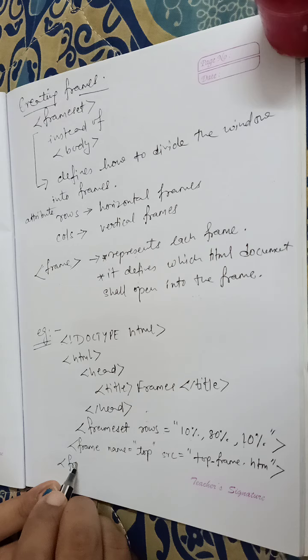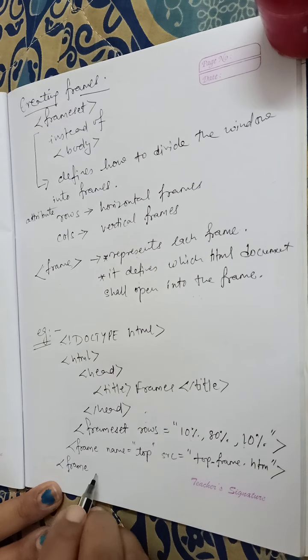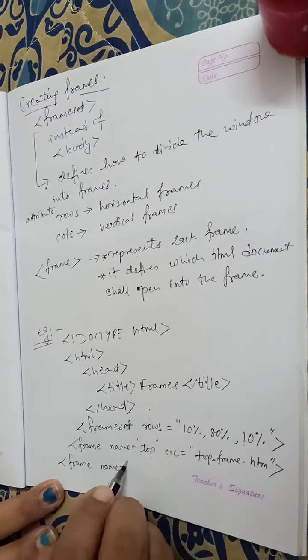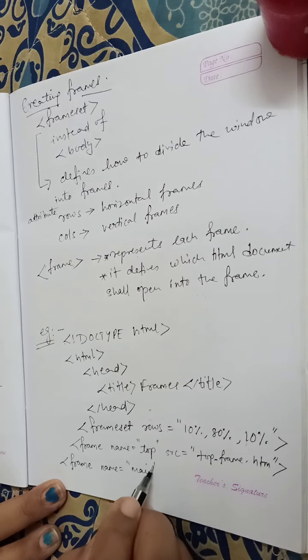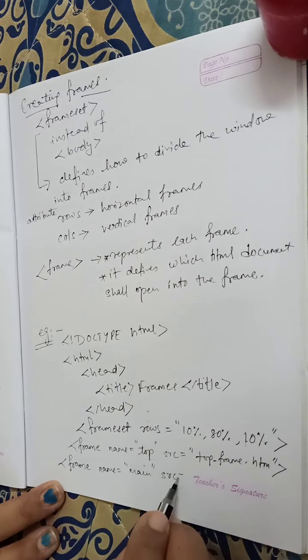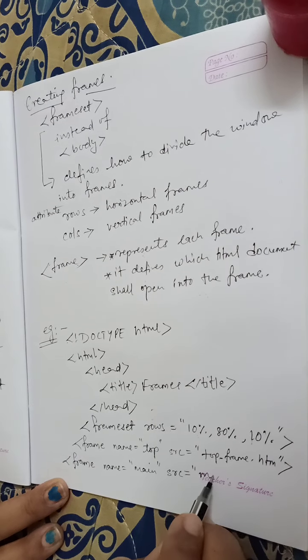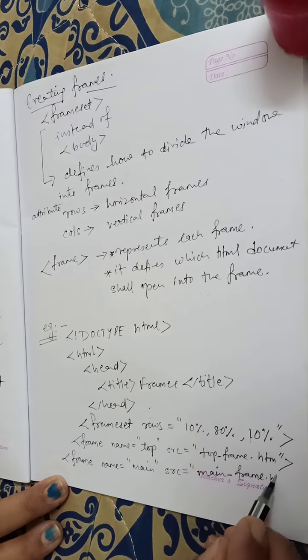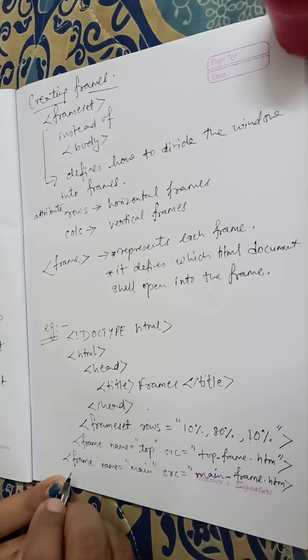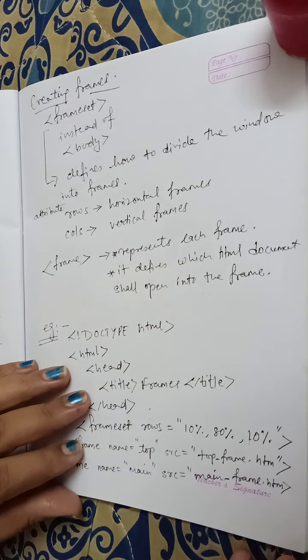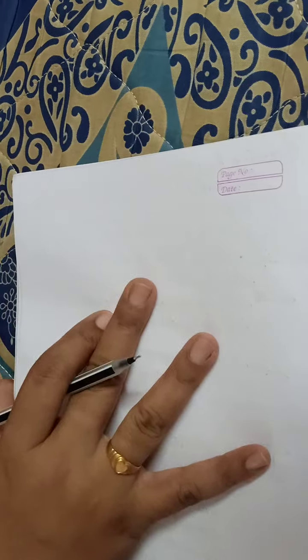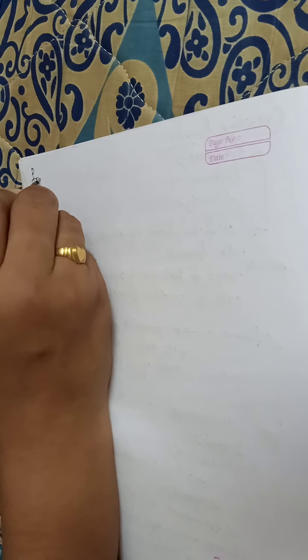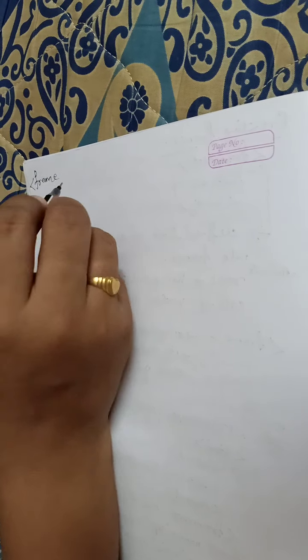Now moving to the second frame. Again I will write frame and the name. Suppose it is main. Then I will mention the source file name, suppose main_frame.htm. Now I have to mention the third file name, so I use a third frame tag.